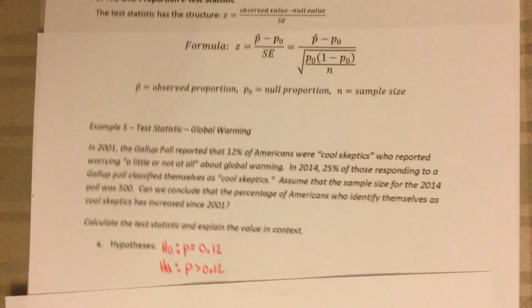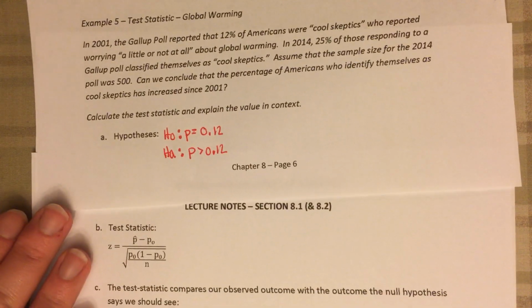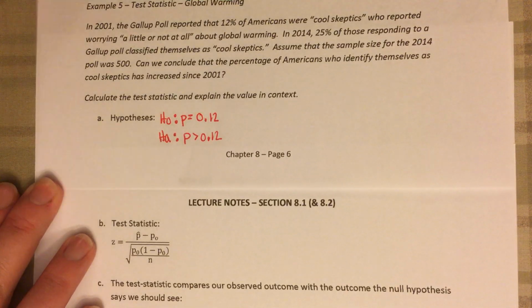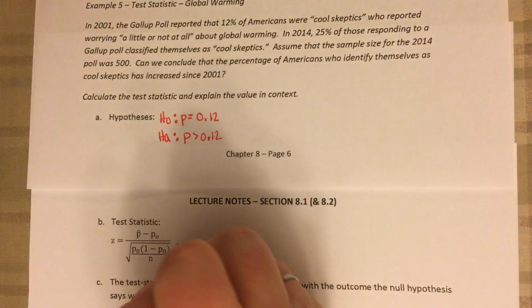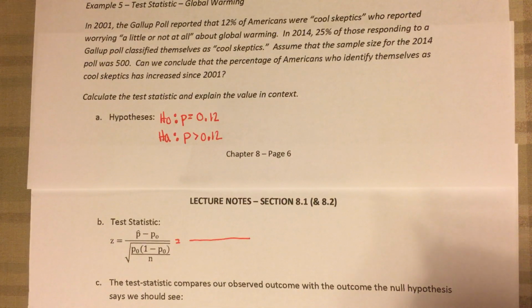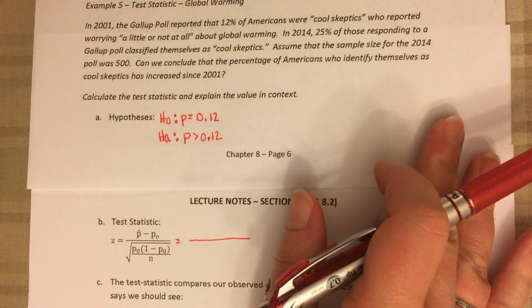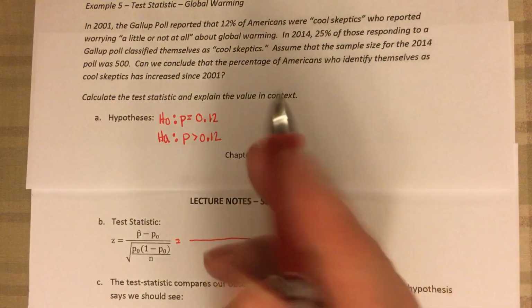All right, so now we're going to continue this example at the top of the next page, and we are going to find our test statistic. When we're finding this test statistic, we're going to use the formula with the square root that we see here. Our p hat is the other percent that's mentioned in our problem. If we look back at this problem, we see that our p hat is going to be this 25%.